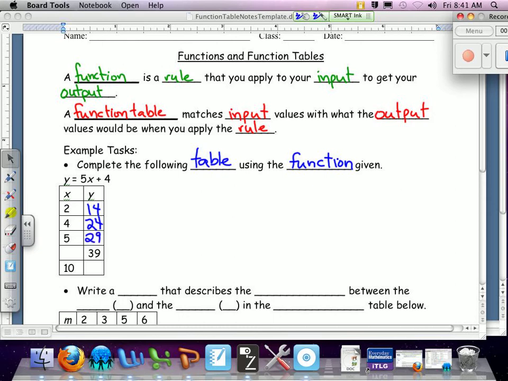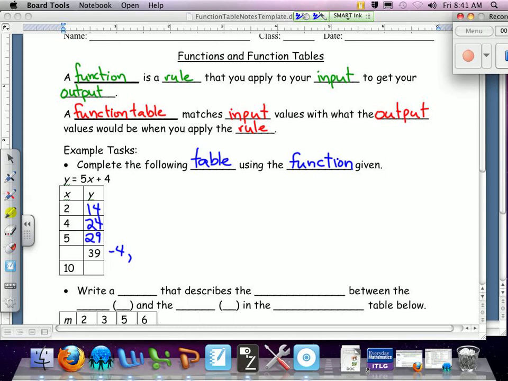Now on the next one, we have to go backwards. So we have to undo the steps. So if the last thing we did before was adding 4, the first thing we're going to do is unadd 4. What's the opposite of adding 4? Subtracting 4. So the first thing we're going to do is subtract 4. And then we're going to undo multiplying by 5.